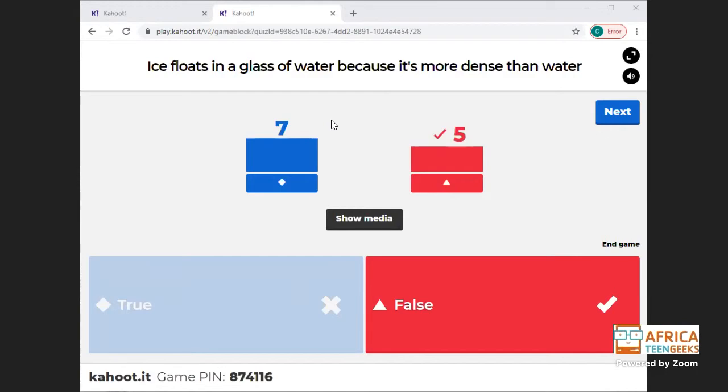Liquid is more dense than solid in terms of water. So ice is less dense than water and hence it floats in a glass of water. Remember, water is our only exception, but if we're looking at other substances, the least dense substance will always be on top.